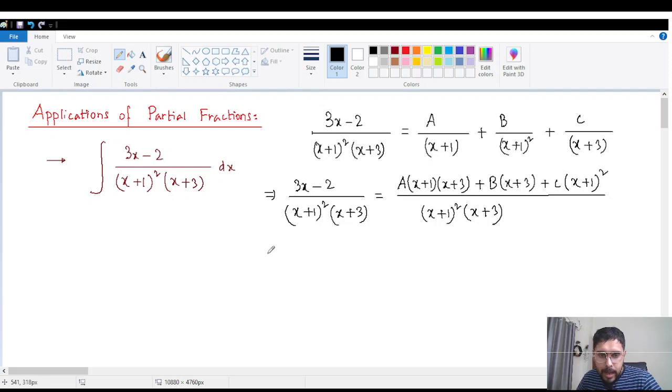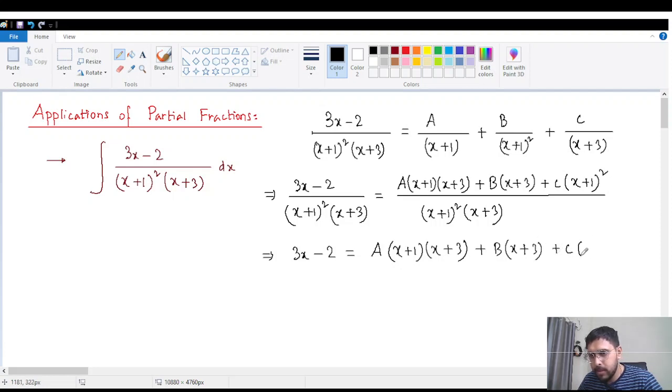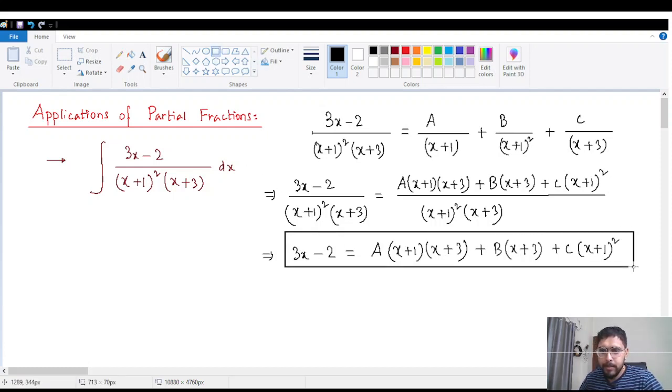Now, since the denominators are equal, they can be eliminated. So we will get the final expression, which we will use to find the values of A, B, C. This is A times x plus 1 times x plus 3 plus B times x plus 3 plus C times x plus 1 whole square. This is the final expression that we have got.